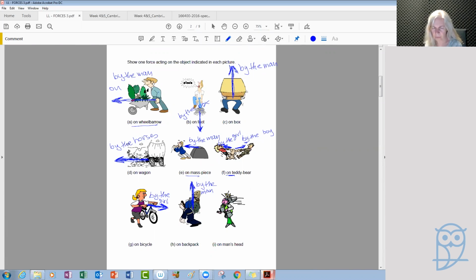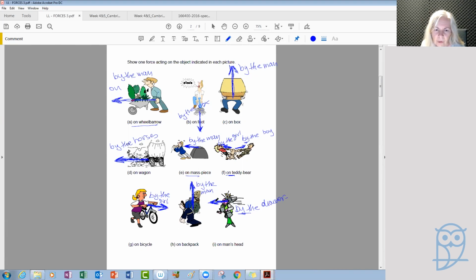What is this? A drawer. A drawer hitting this man on his head. Well, the force on the man's head is in this direction, exerted by the drawer, on the man's head.